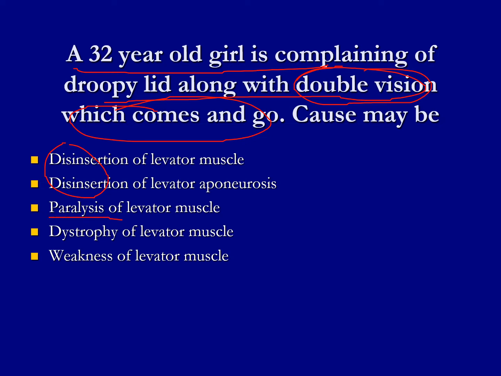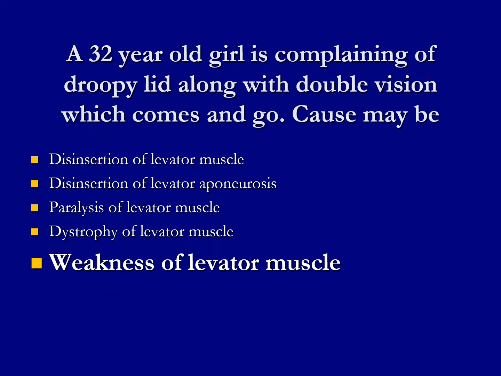It's also not paralysis because paralysis is there all the time. Dystrophy is there all the time. So it's the weakness of the levator muscle because of myasthenia which comes and goes, and because of weakness of the other muscles you may get double vision as well. So the answer is weakness of the levator muscle.